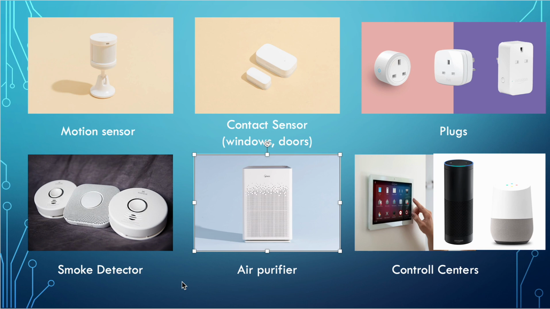So air purifiers can have sensors to detect how many impurities are in the surrounding atmosphere, and switch on by themselves. They can monitor the status of the filter inside, whether it needs to be changed or not.